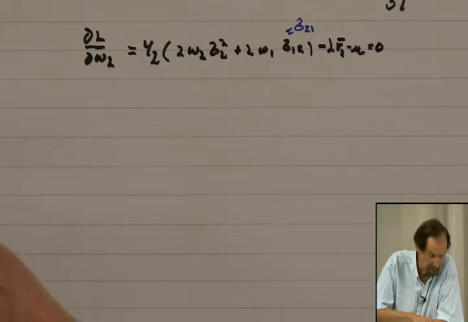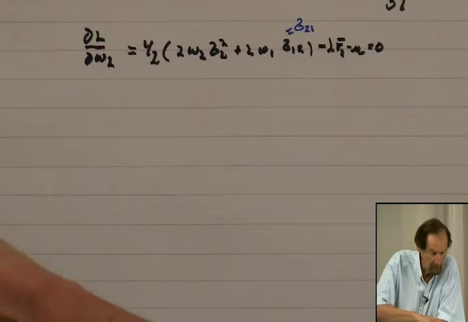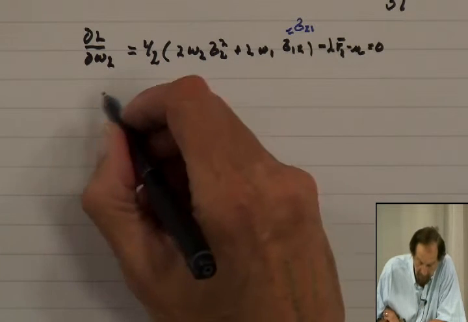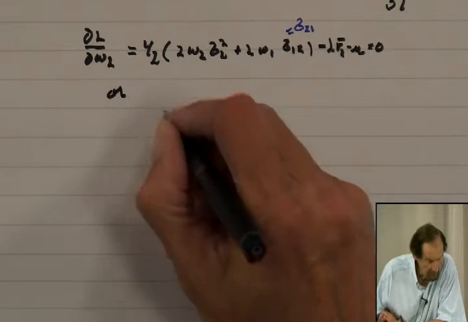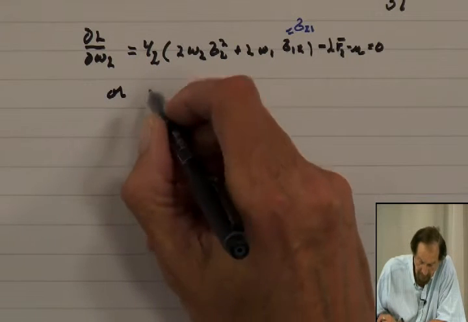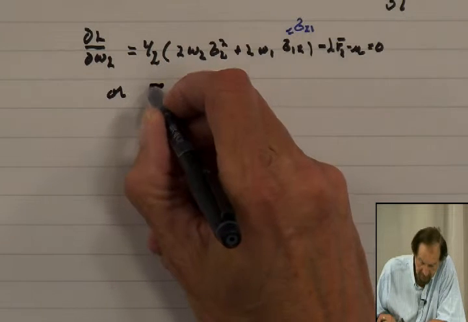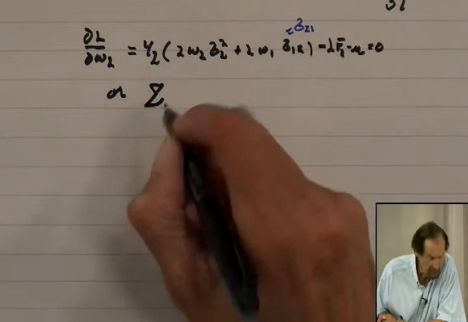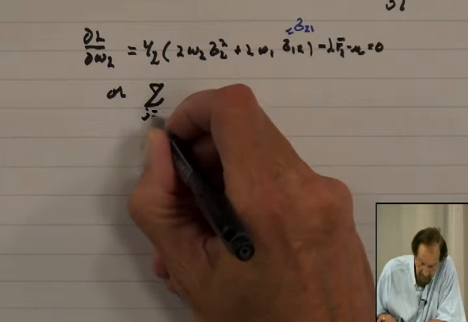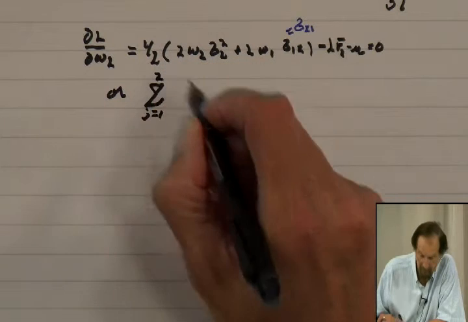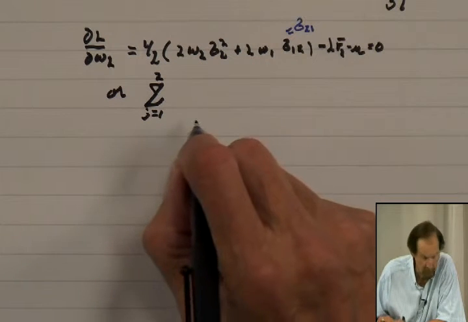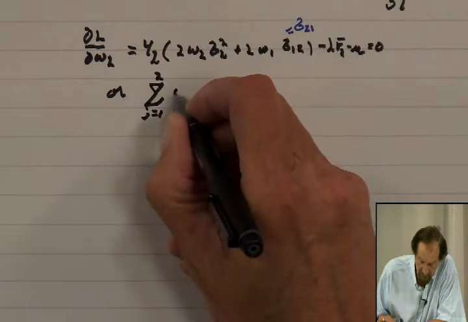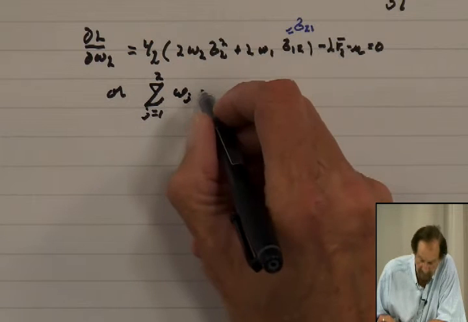Okay, there's our term here. Or, expressing it like we expressed the last one, let's look at the sum, j equals 1 to 2, because we have two decision variables, W1, W2, Wj sigma 2j.